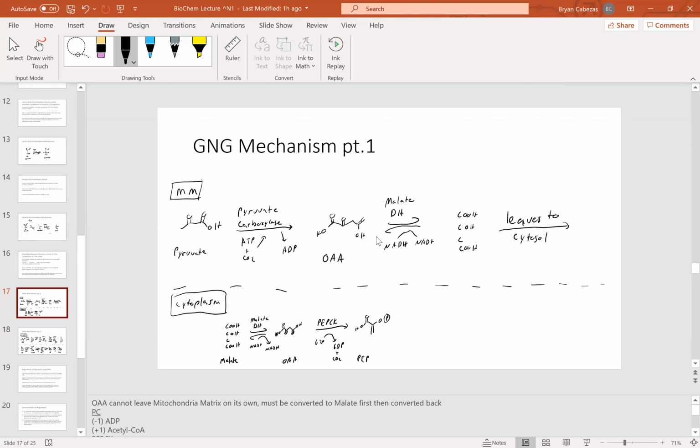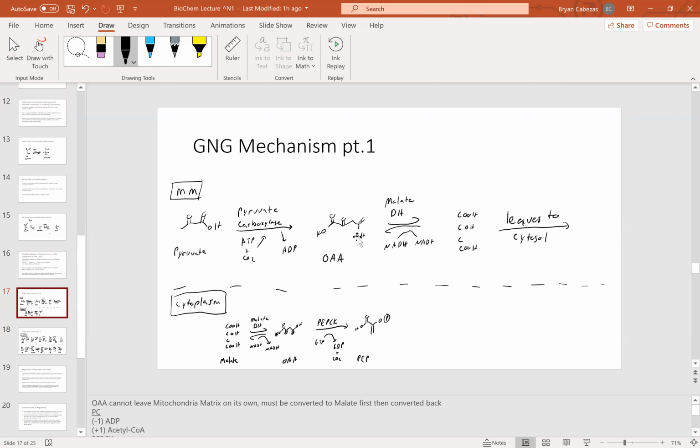Then you have oxaloacetate formed, where your CO2 comes in and binds. And then oxaloacetate is what's going to be participating in gluconeogenesis. However, oxaloacetate isn't able to leave the mitochondrial matrix. It has to be in the form of L-malate in order for it to leave.